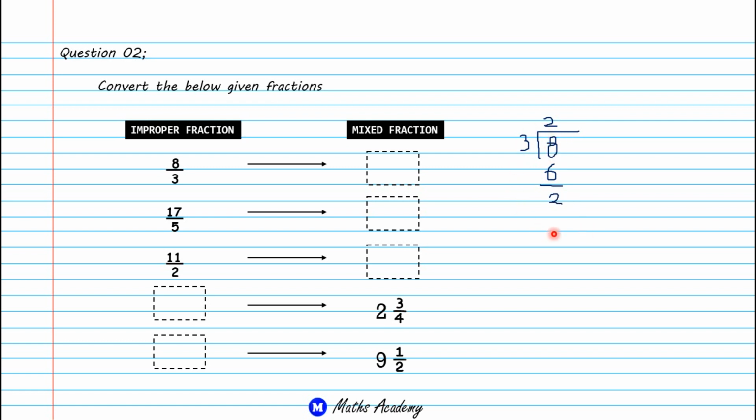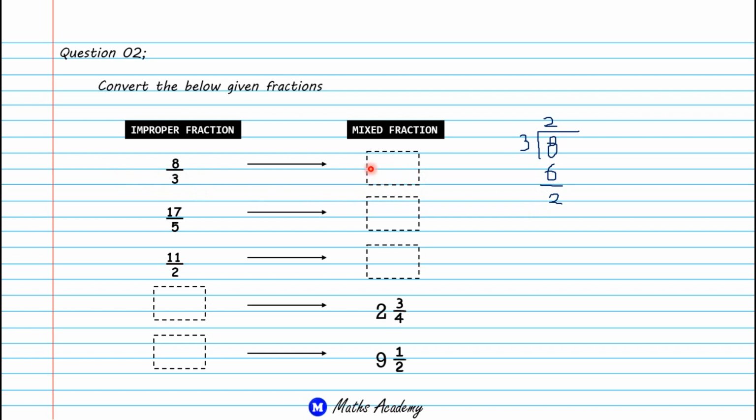First you should divide 8 by 3, and when you divide 8 by 3, the one on the top comes as the whole number, the one on the bottom comes as the numerator, and the denominator, that is 3. So this is the mixed fraction. Again let me explain: the one on the top comes as the whole number, the one on the bottom comes as the numerator, and the denominator stays constant.